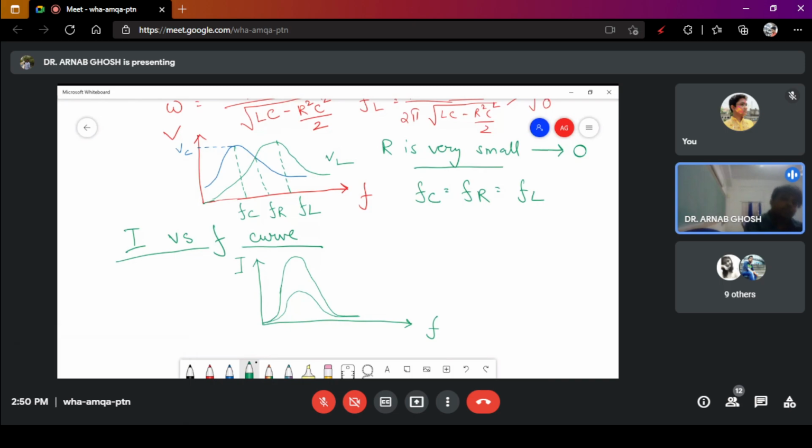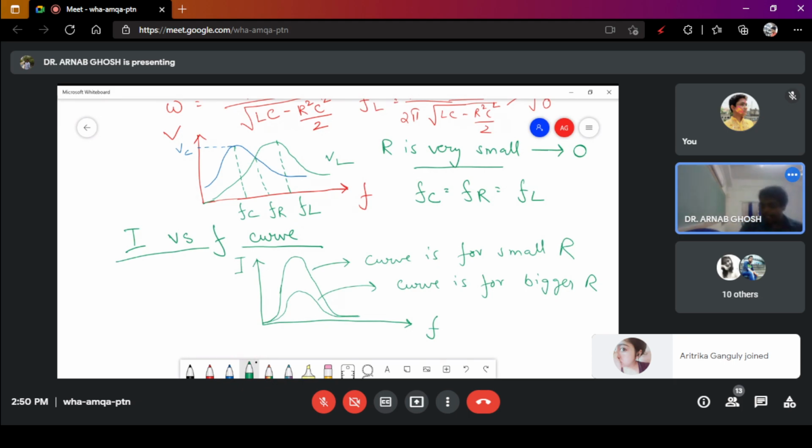Okay, so we get two curves. This curve is for small resistance, and this curve is for bigger R. As the resistance increases, the current will decrease, so will be the curve nature. So the amplitude of the I curve decreases with increase in R. Similarly, when R is small, the amplitude for this curve will be high.